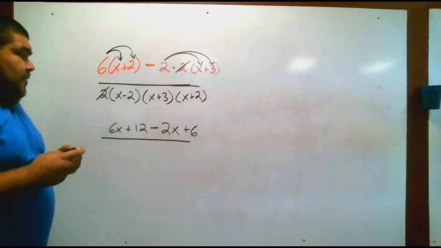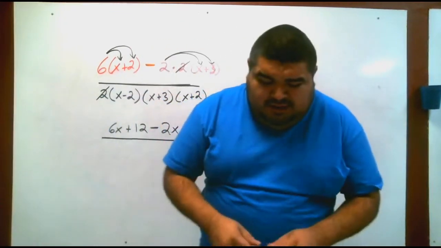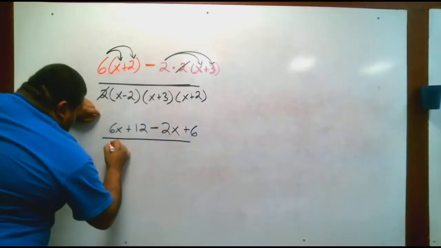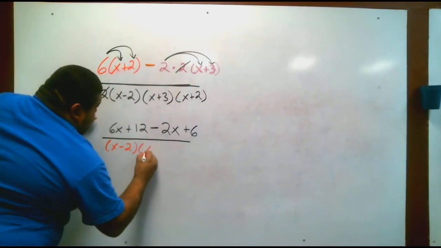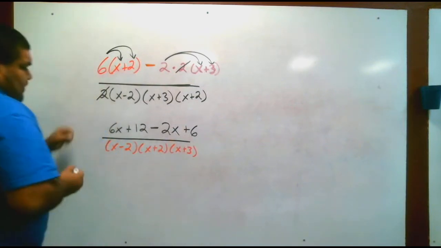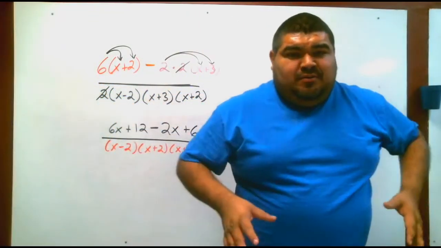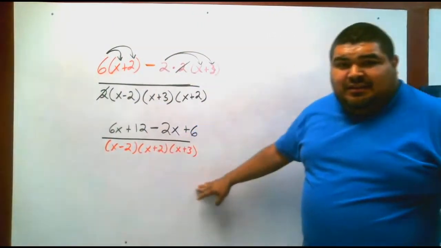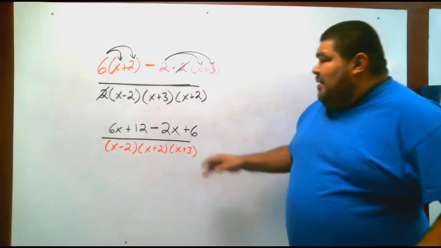All right, now the bottom stays as it is. So we have x minus 2, x plus 2, and then x plus 3. All we have to do now is combine like terms. The bottom cannot combine anything, so it stays as it is. On top, we can combine like terms.